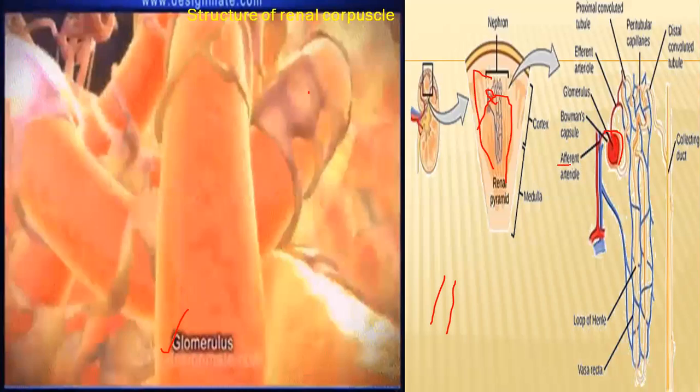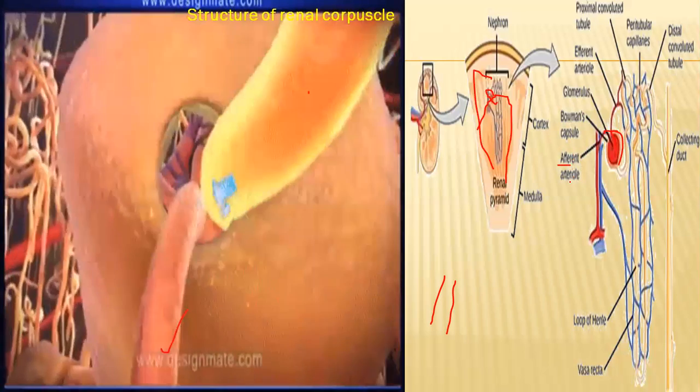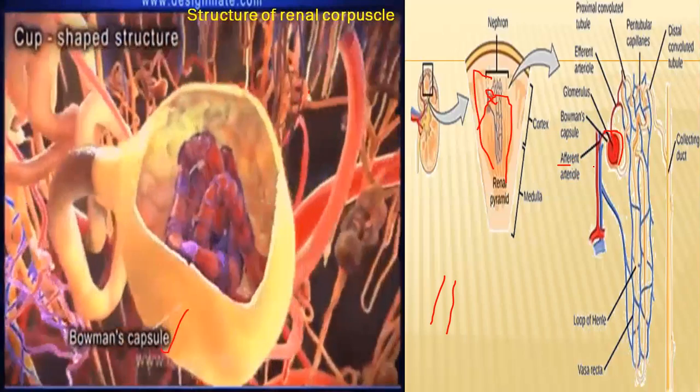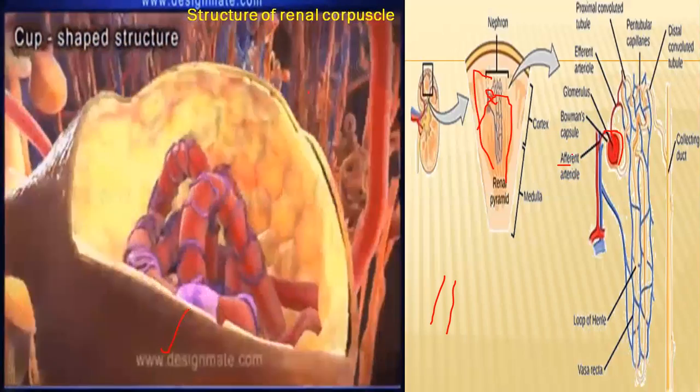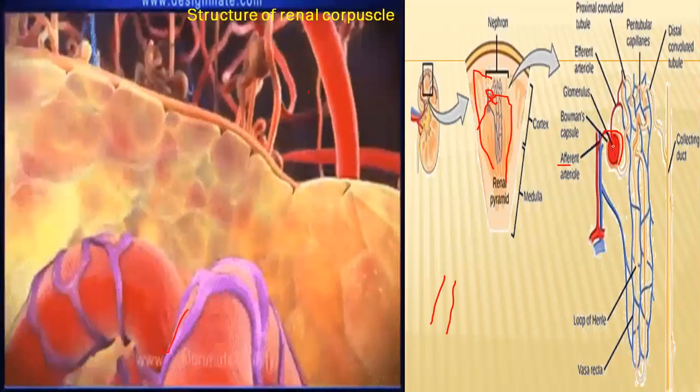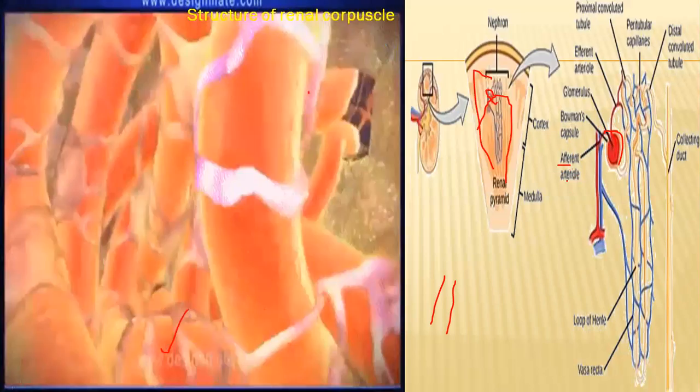Afferent means towards the organ. The arteriole which carries the blood towards the Bowman's capsule, towards the glomerulus, is called the afferent arteriole.